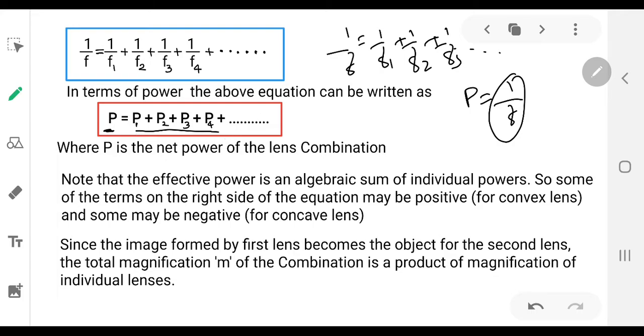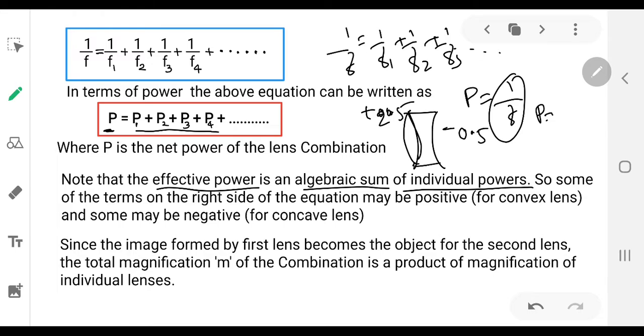So you can note that effective power is an algebraic sum of individual powers, because if one lens is having plus 2.5, and another lens that you are combining is a concave lens which is having minus 0.5 power, then the net effective power of the combination is plus 2.5 minus 0.5.